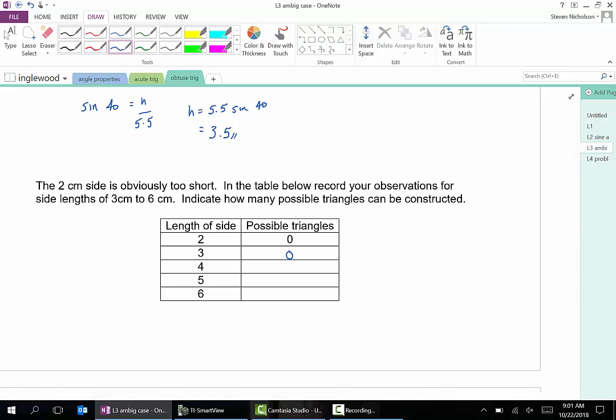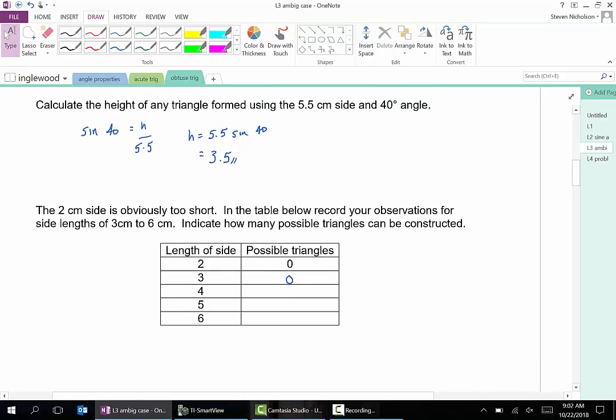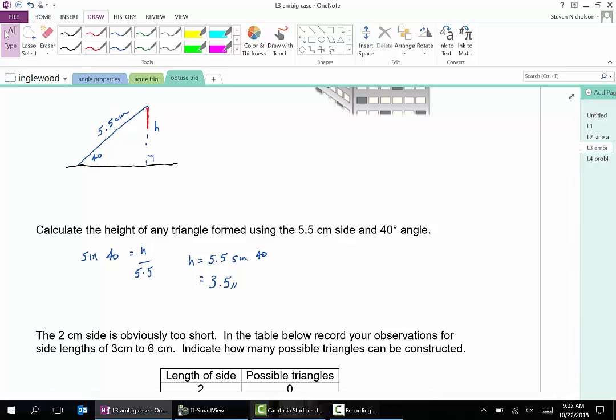Okay, so then the question becomes, what happens if the length of the side is 4? Go back to this picture right here and think about it. Obviously 4 is longer than 3.5, so that brace would go into the roof. But that's impossible. We want to make a triangle.